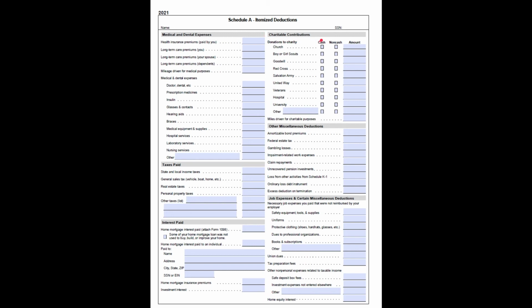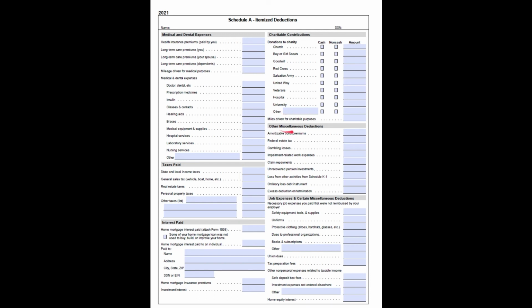Then you're going to have your charitable contributions. And what we're looking for here is for you to indicate between cash and non-cash. And then we have some very common allowable charitable organizations in here for you. If you do not believe the charitable contributions you made were in here, go ahead and put it under other and give us a short description.